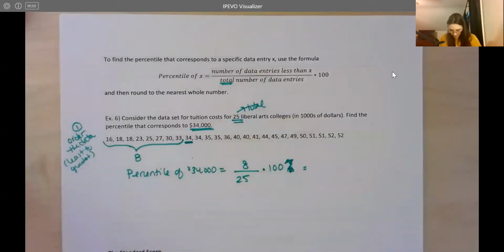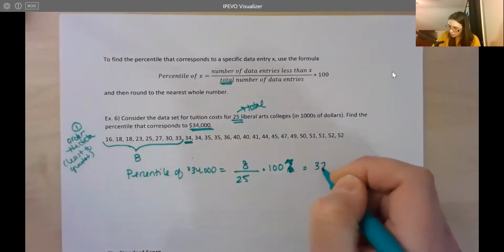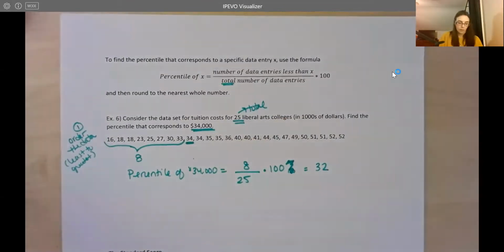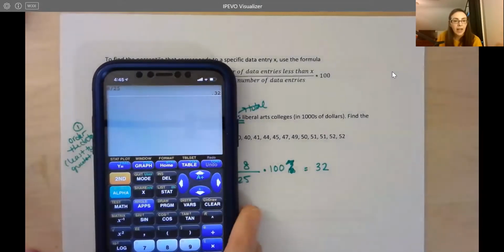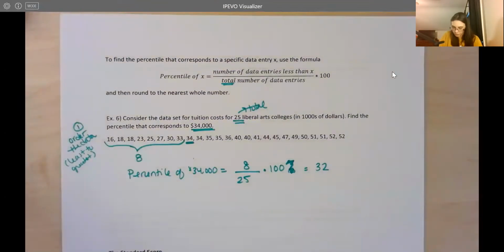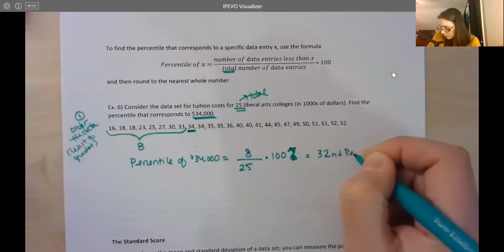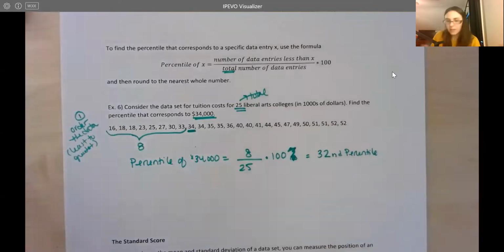All right, so if I go ahead and multiply this out, I have exactly 32. So when I do 8 divided by 25, I get 0.32, multiply by 100, and I get 32. So what this refers to is the 32nd percentile.